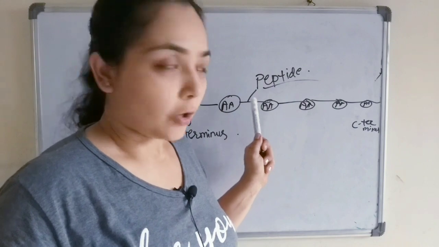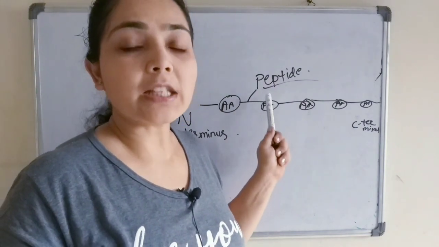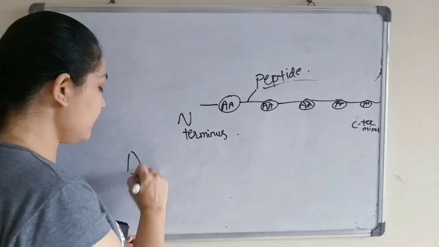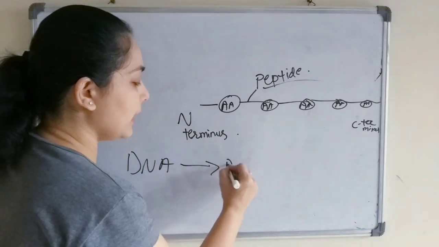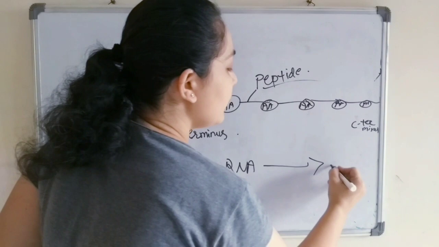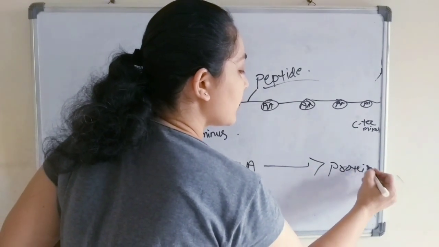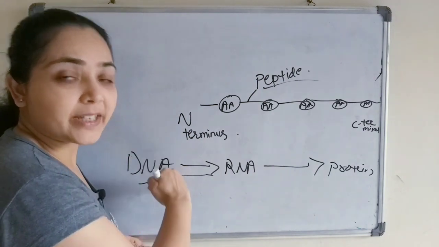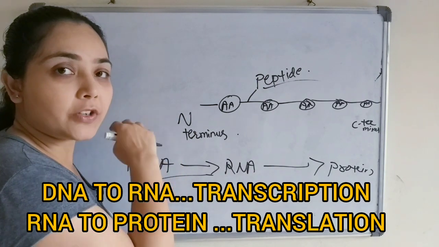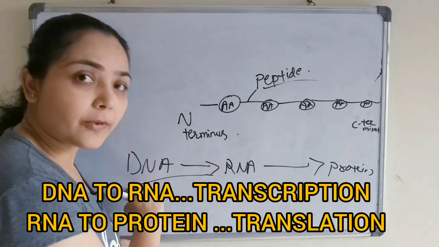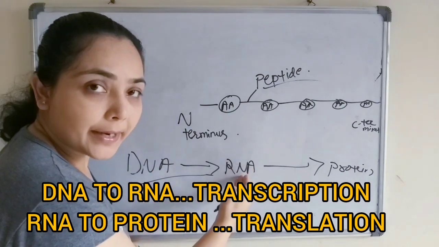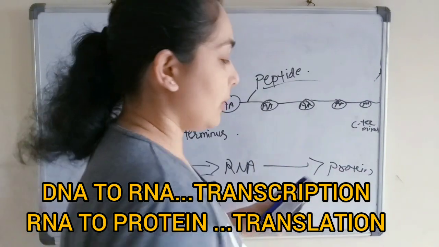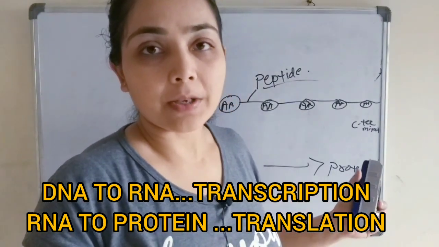The formation of the polypeptide chain takes place during the process known as translation. We know that from DNA we get RNA, and from RNA we get protein. The transfer of the information present in the DNA in the form of genetic code to RNA is known as transcription, and from RNA the process is known as translation.